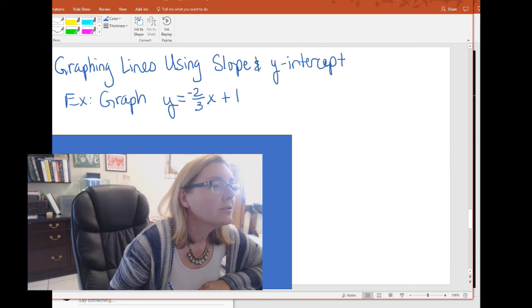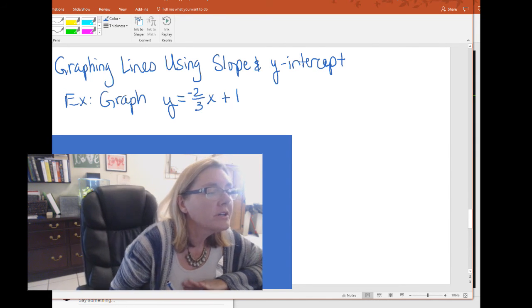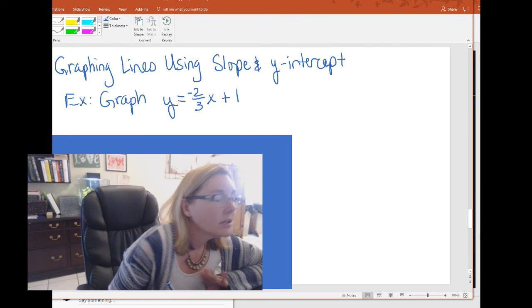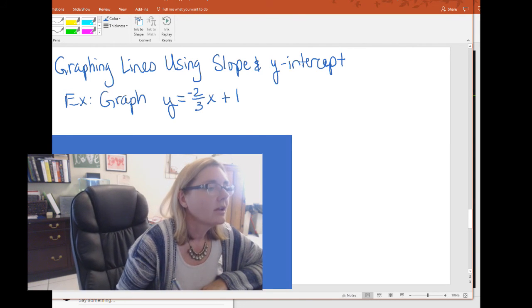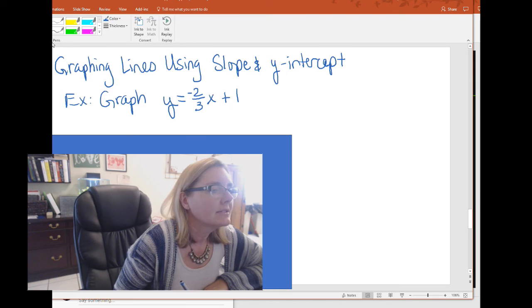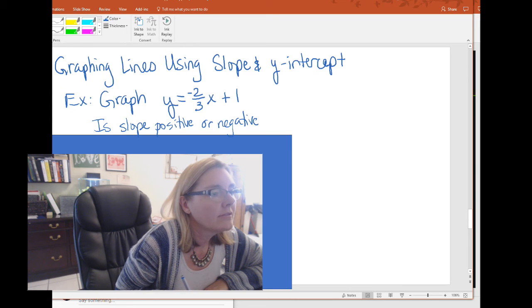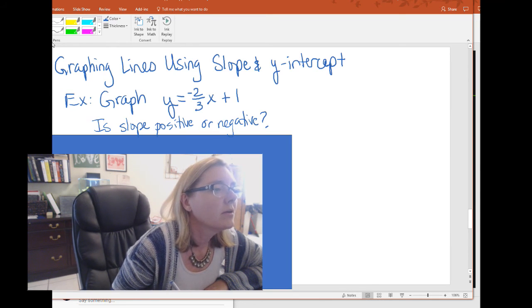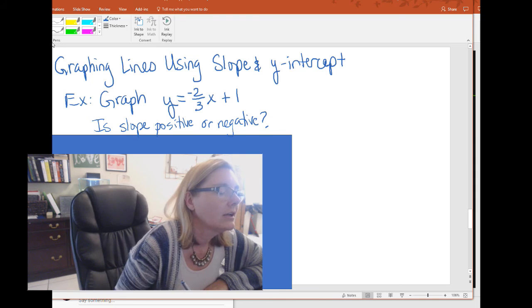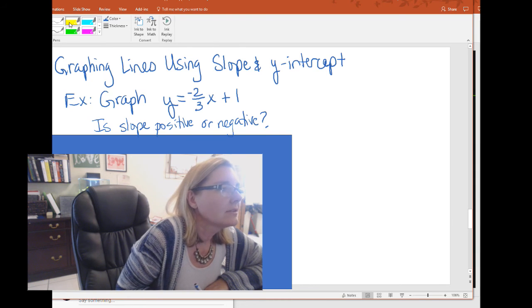Before you even start to graph, it's not a bad idea to ask yourself the question, is the slope positive or negative? Because right off the bat, you'll know a little bit about what to expect of the line. This one has a negative slope.